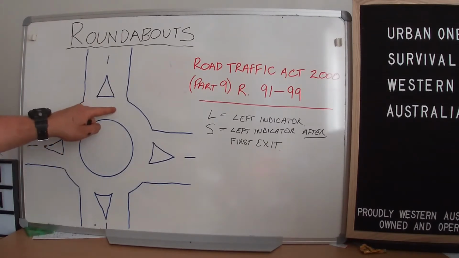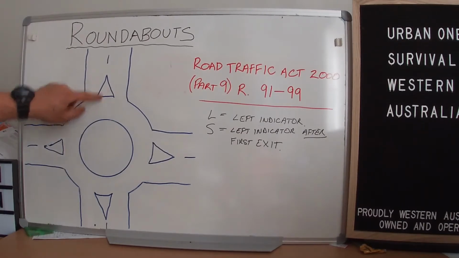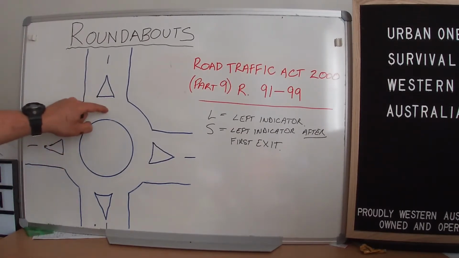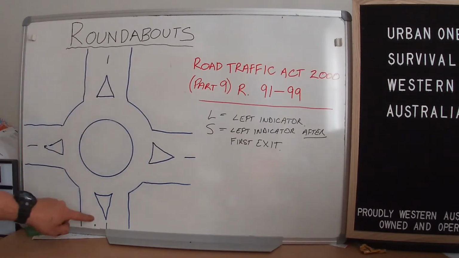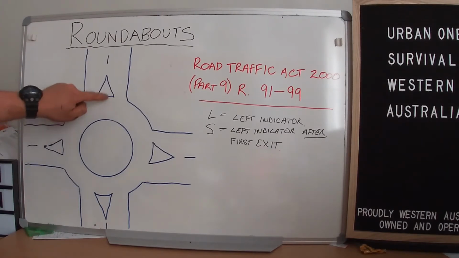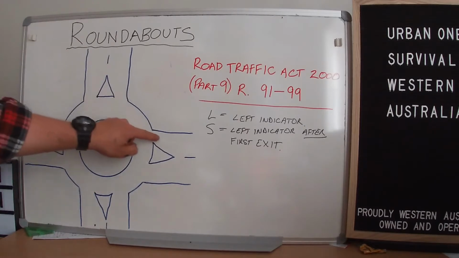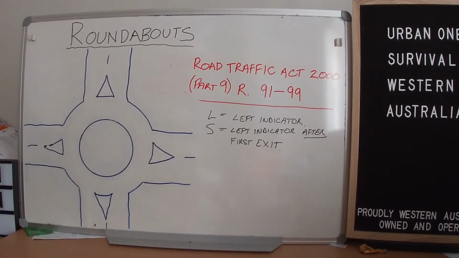When you pass the triangular median strip, as you're turning right, so it'll be on your left side, so this one here, you then place your left indicator on and you proceed out of your exit.